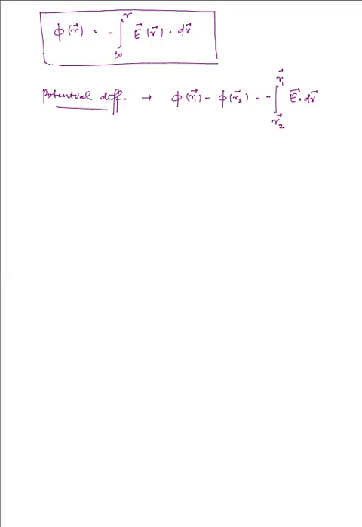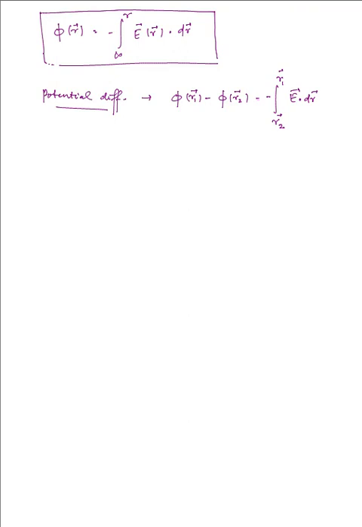Then if we consider the potential difference between any two positions, we simply take the limits from the first point to the second point, or with the minus sign, the other way around. Now in case these two points lie at the same position, that means the potential difference is taken over an entire cyclic path, and that eventually gives us zero.